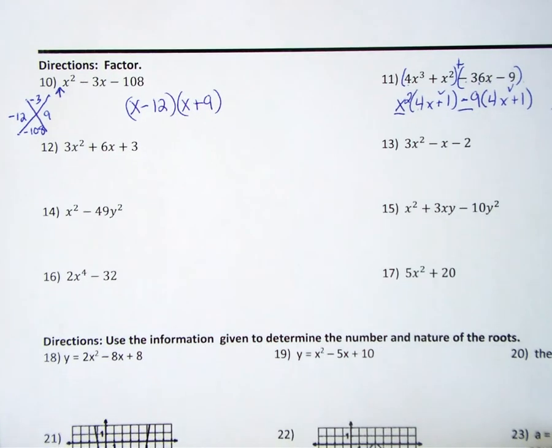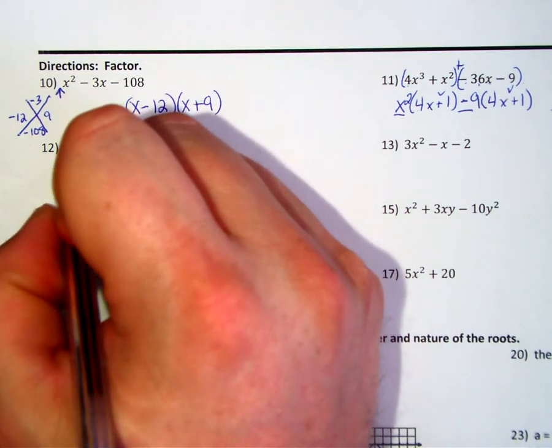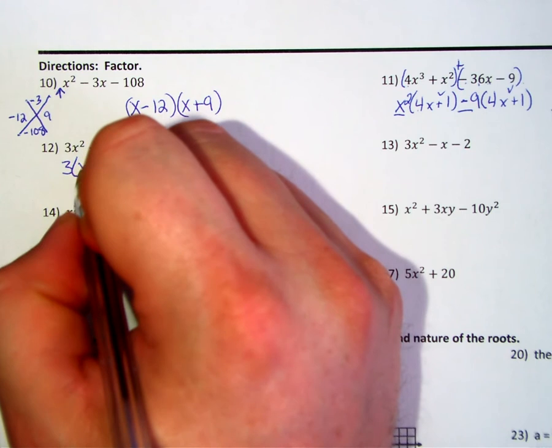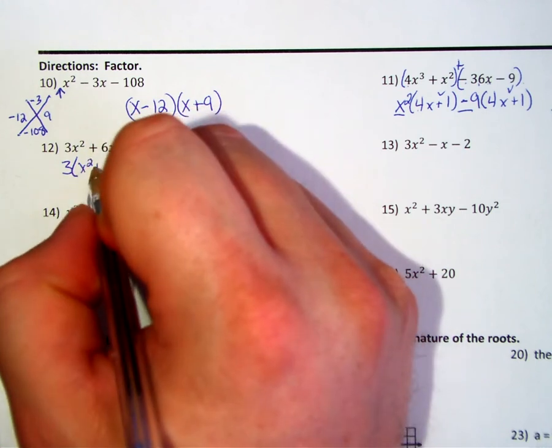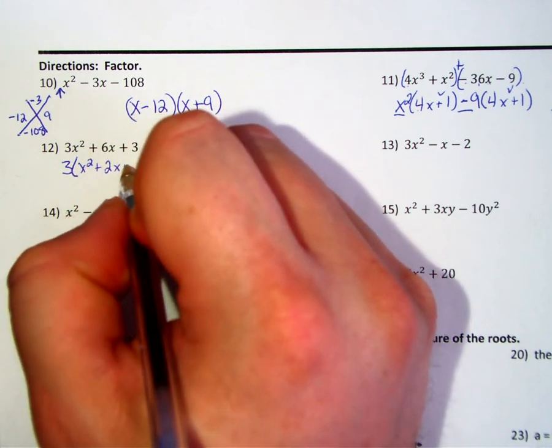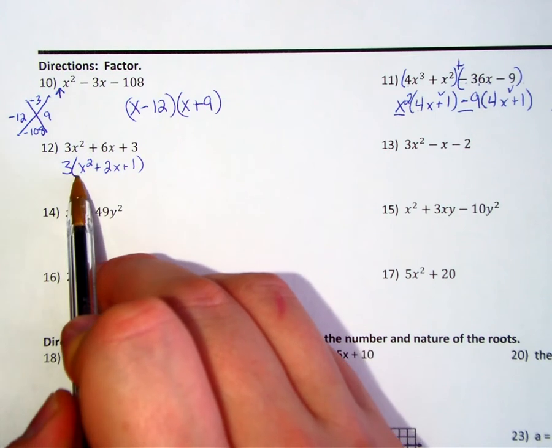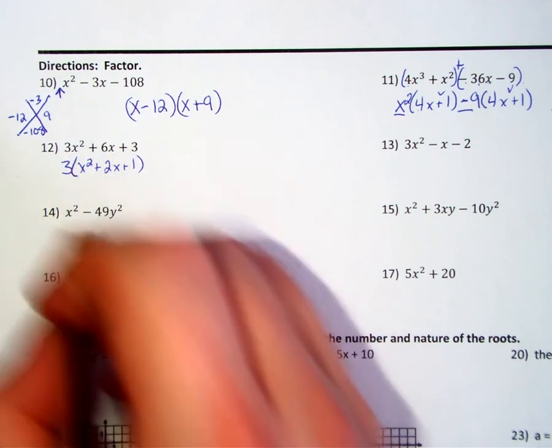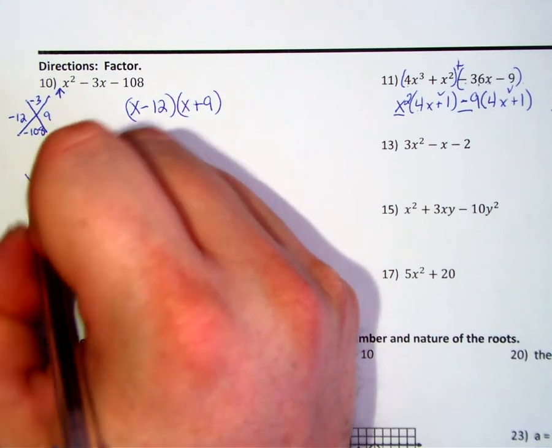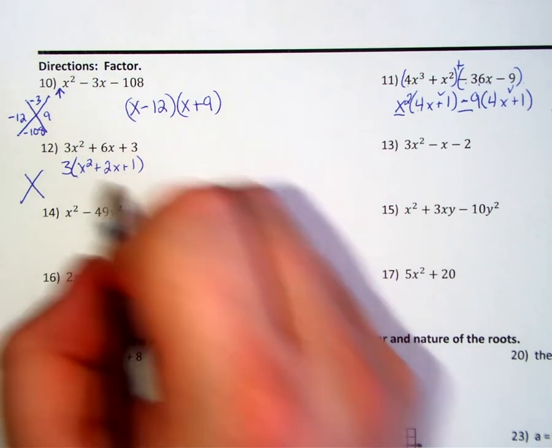Question number 12. I see 3, 6, and 3. Well, all of those have a GCF. So we're going to factor out the GCF first. 3, which leaves me with an x squared plus 2x plus 1. And so within the trinomial, I have a leading term that is positive 1. So I can use my x games.